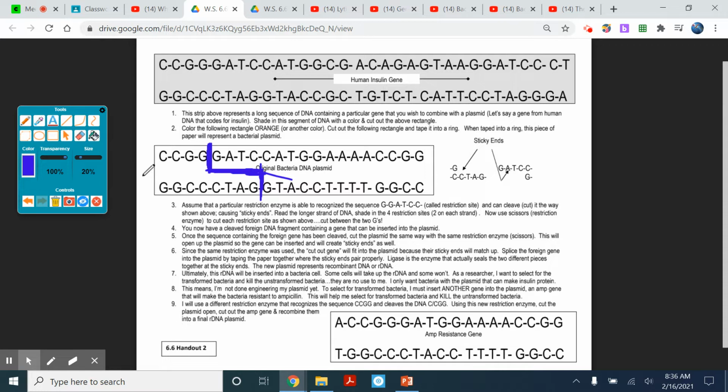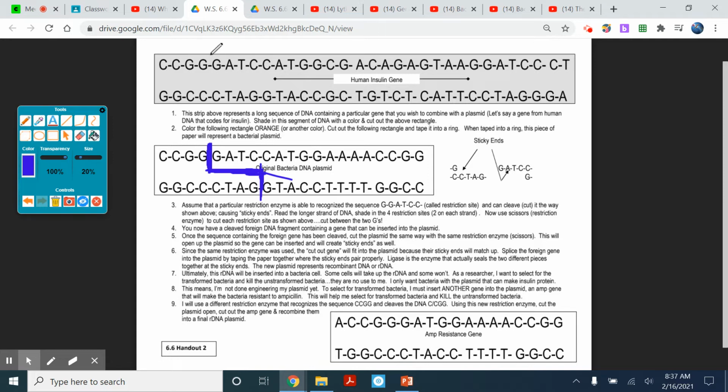Now, here's the key. We have to use the same restriction enzyme, because if we don't, you'll see that the ends won't meet up when we go to tape our human DNA into our bacteria plasmid that we just opened, okay? So if we use the same restriction enzyme, then it's going to cut at the same restriction site. So up here on the bigger piece, or wherever you have it, you guys are going to find a GGATCC.